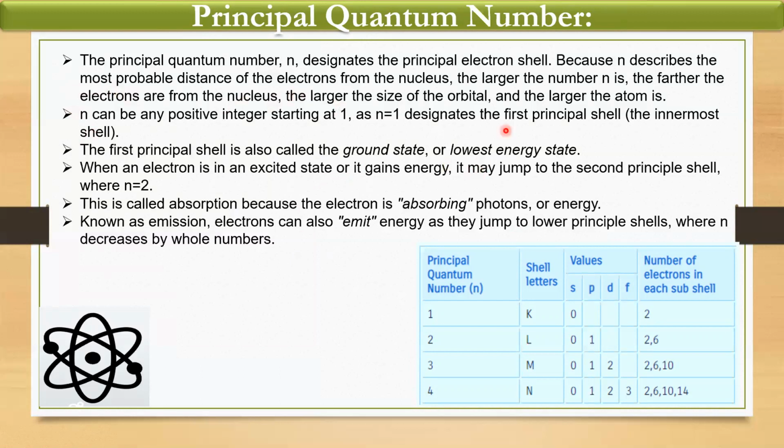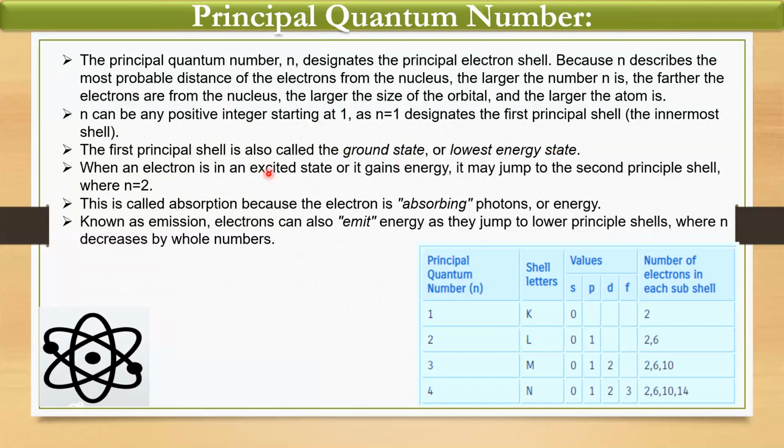The larger the number n, the farther the electrons are from the nucleus, the larger the size of the orbital and the larger the atom. n can be any positive integer starting at 1. When n equals 1, it designates the first principal shell, the innermost shell. This is also called the ground state or the lower energy state.